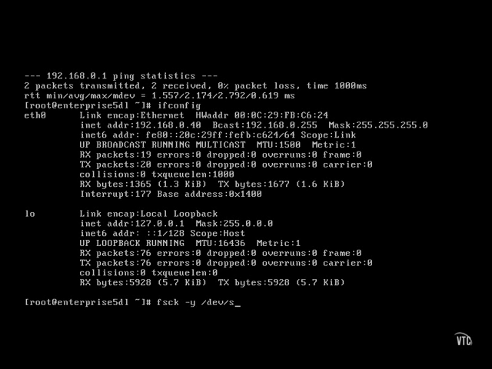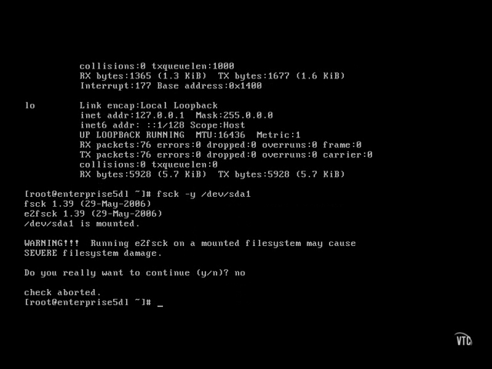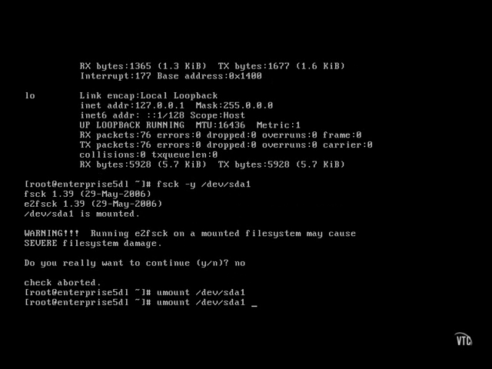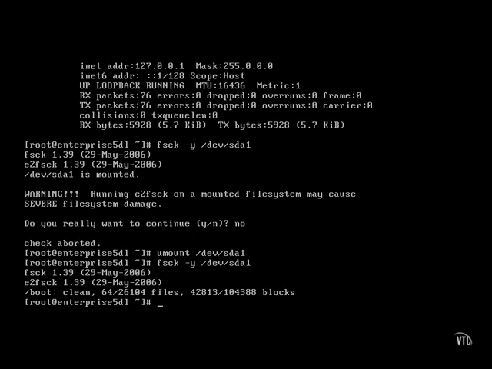That's the first SATA partition on the first SATA drive. Wait a second, I've got to unmount that partition first. And there, I've done it. I've fixed any errors that might exist on that partition.